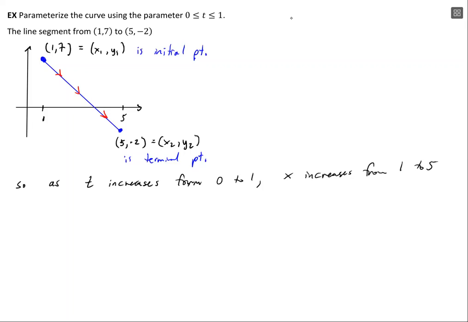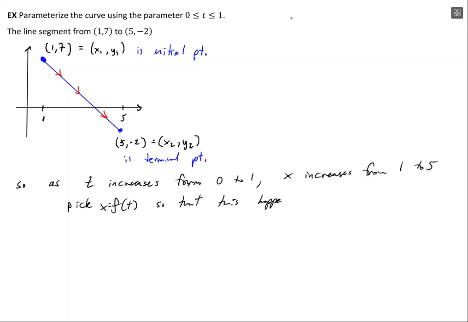So basically, just pick x equal to f of t so that this happens.